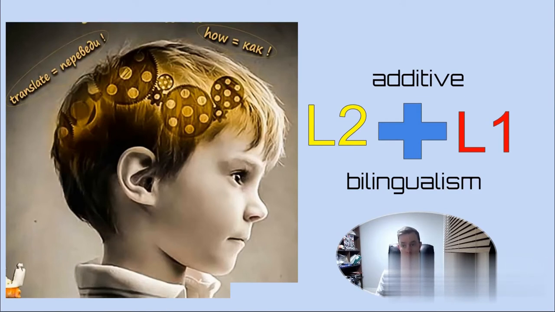So once again, additive bilingualism simply means that when you have a fully developed L1, you add another language to that, and it doesn't detract from your L1. So many cases of bilingualism are just that, particularly adults acquiring another language. It's an additive situation.